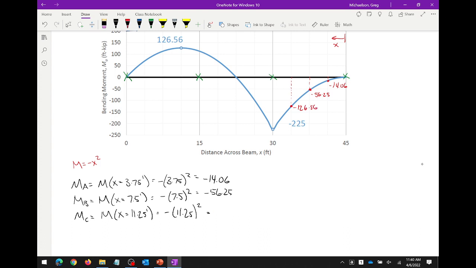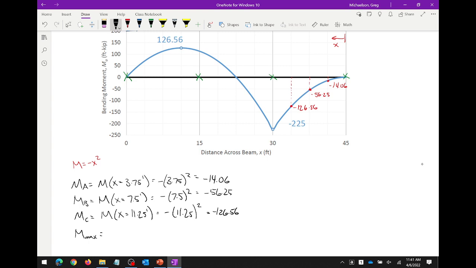So, like that. Okay. All right. So remember, M max is the largest absolute value moment in the segment.